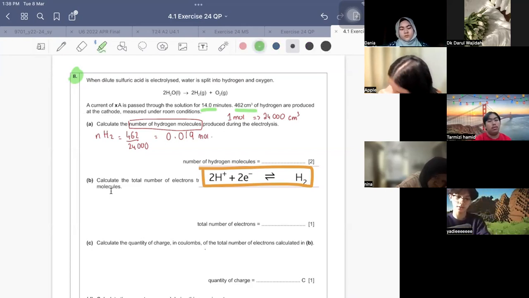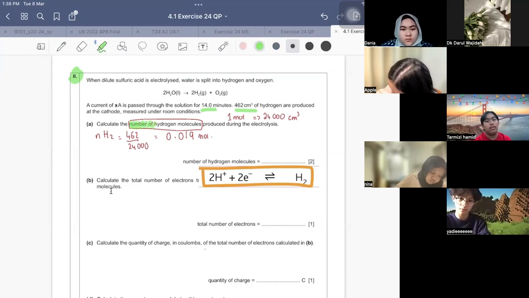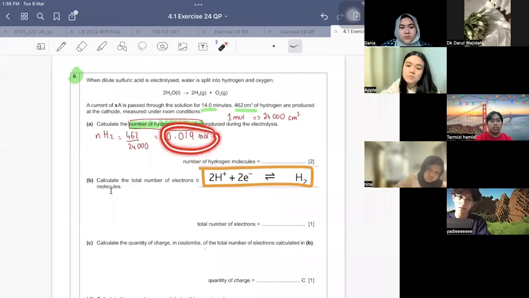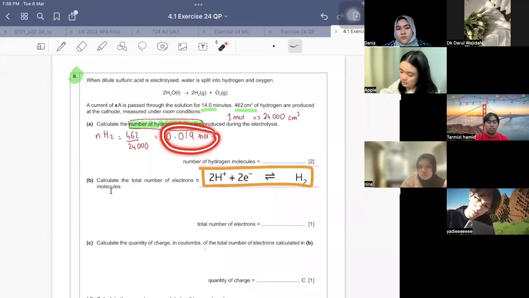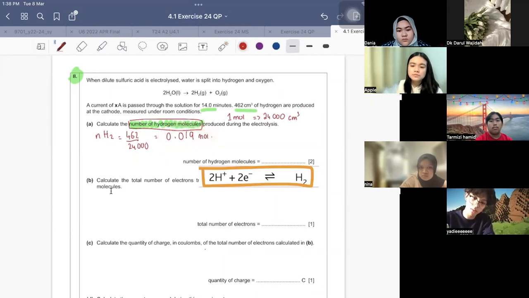Okay, now the question is not asking you for the number of moles, otherwise it would mention the number of moles. Here it says the number of hydrogen molecules. So they want to know how many molecules are there in 0.019 mole of H2 molecules.